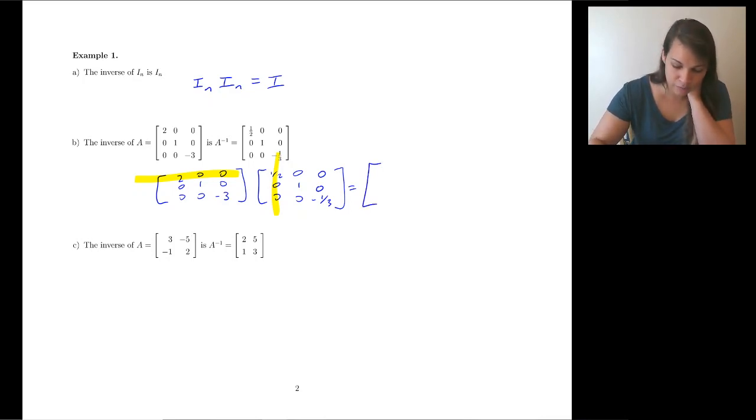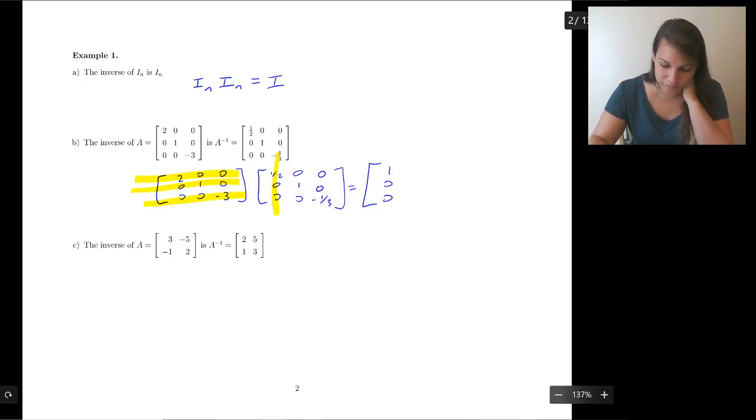So 1/2 times 2 is 1, and then everything else was 0. And then notice when you multiply the next row by the first column, you're going to get 0. And then same thing happens for the third row. You're going to get 0 for everything.